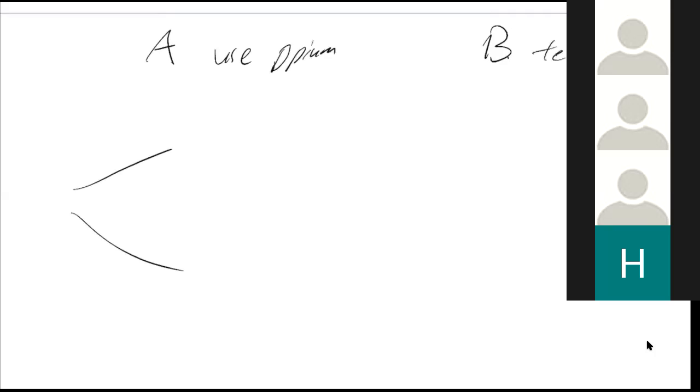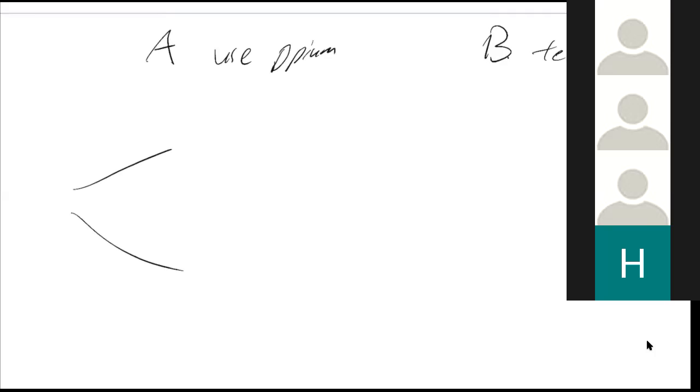For this problem, let's say event A is the proportion of the population that actually uses opium, and event B is the test result. We need the person to use opium first and then do the test.